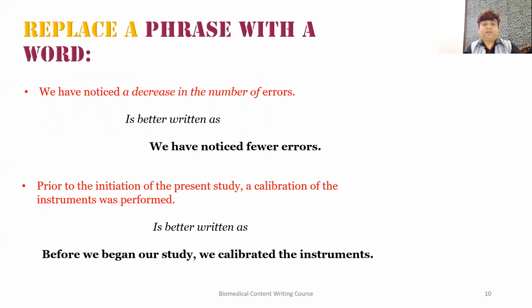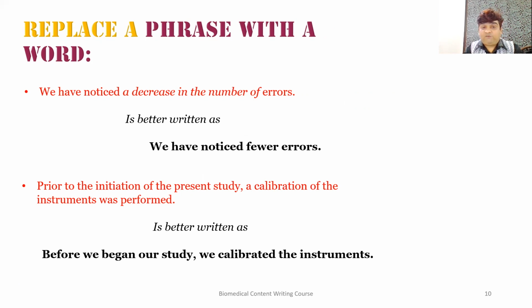Then comes replace a phrase with a word. Now see the red colors. In red color, the sentences are given. The first sentence is, we have noticed a decrease in the number of errors. Now, if you see the second version, the better version is, we have noticed fewer errors. We have noticed a decrease in the number of errors can be easily converted into fewer errors.